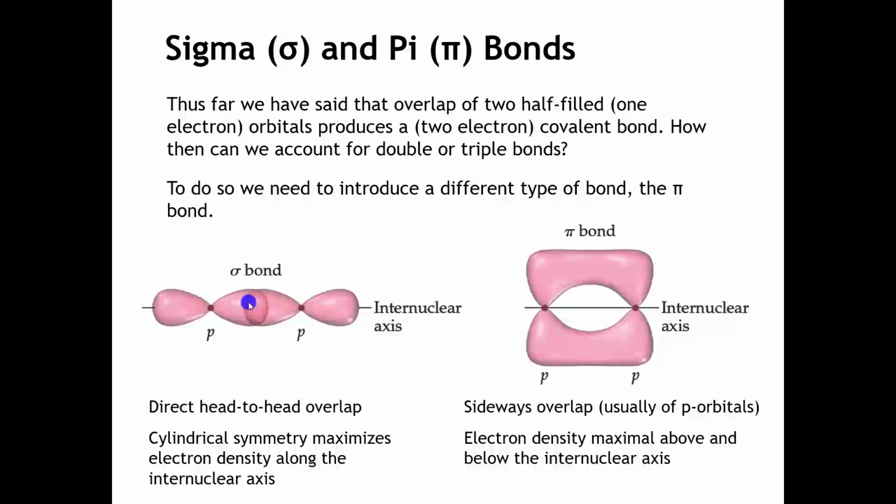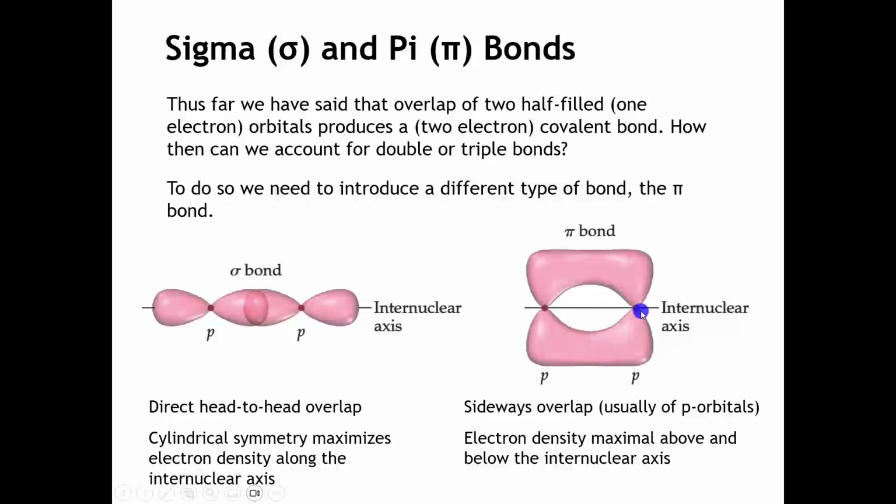But the other kind of bond that we're going to encounter is called a pi bond. Pi bonds are formed when you have sideways overlap of typically p orbitals, never s orbitals, but mostly p orbitals. If you have two p orbitals that are parallel to each other and side by side, they can overlap in this region above and below the internuclear axis.